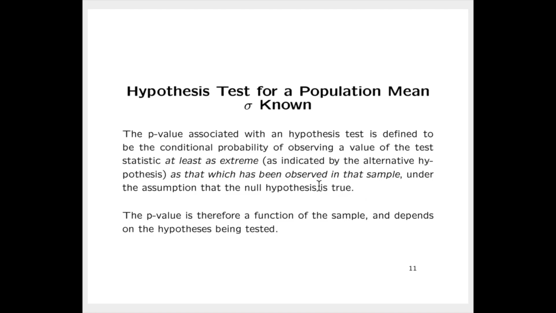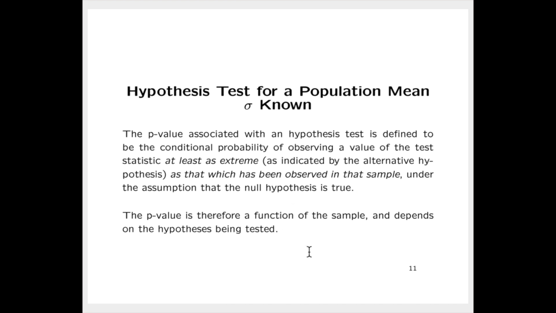Now, when we say at least as extreme, that is relative to the particular hypothesis that we're talking about, whether we're talking about a two-tailed test, a left-tailed test, or a right-tailed test. And that's what we mean here when we say as indicated by the alternative hypothesis.